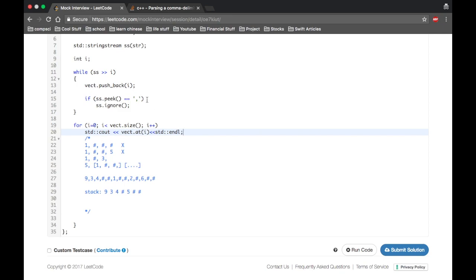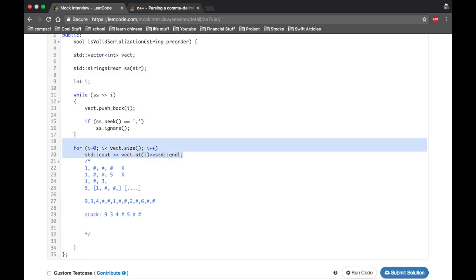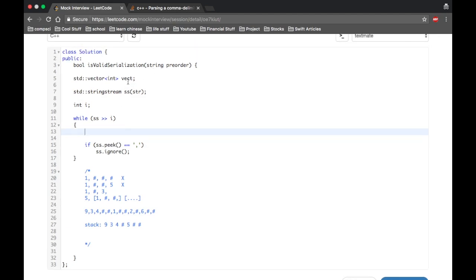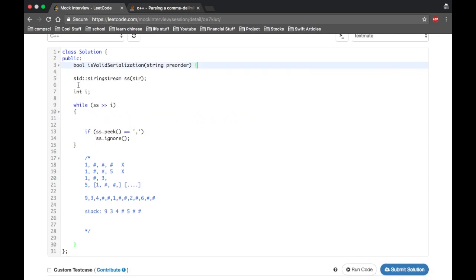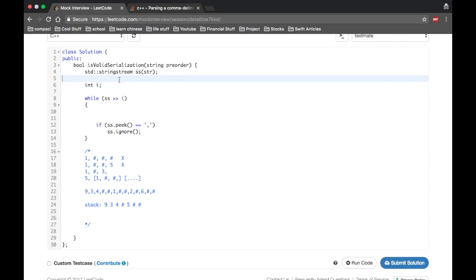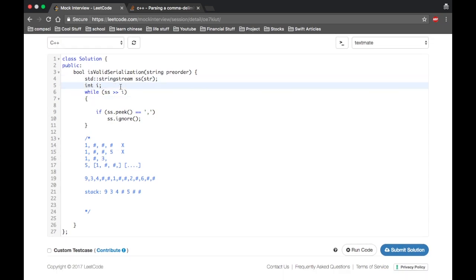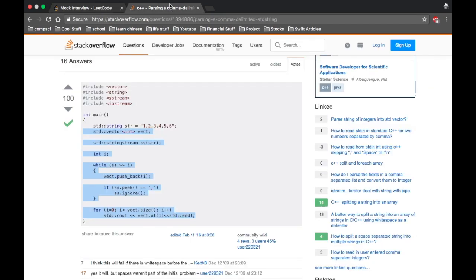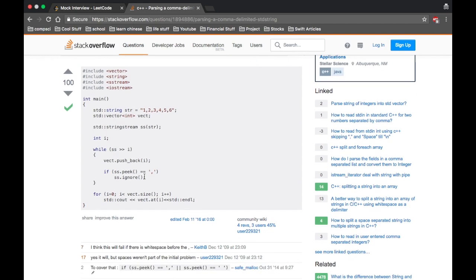Alright, I'm just going to copy this. Okay, so this code would, okay. So this is basically my while loop that just goes to the next item, and wait, will this actually work?